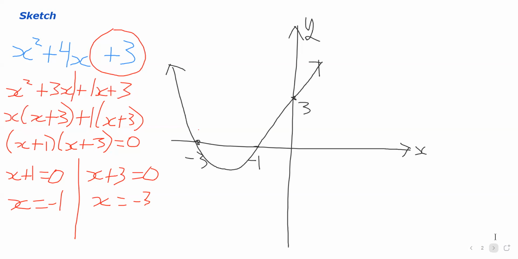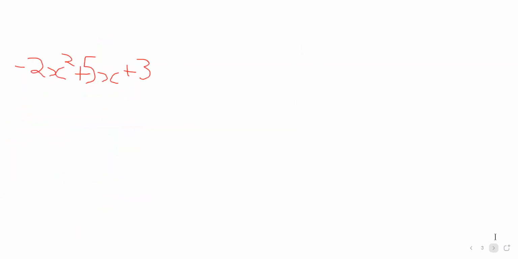Alright, so let's try this one here. Now we notice that we have the negative in front. Anytime you have a negative, we need to multiply everything by -1. So let's do that first. We have 2x squared minus 5x minus 3. Let's factorize this.